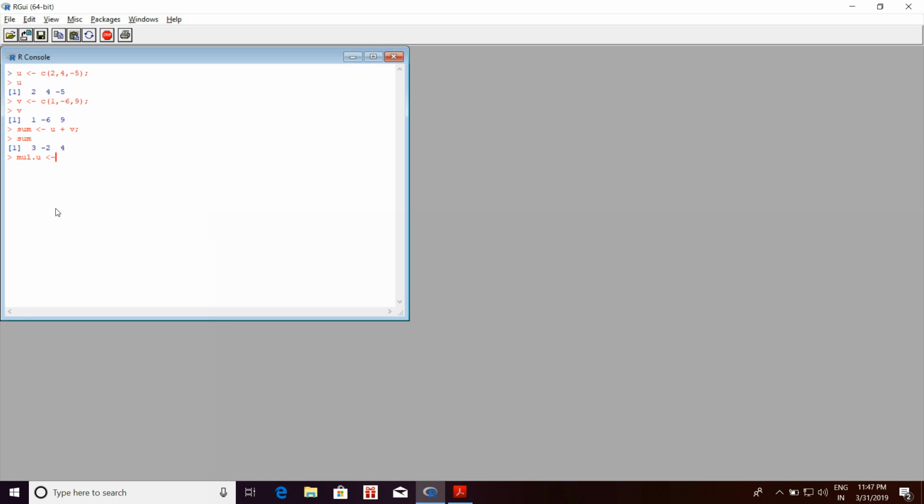One thing to note is that in R we can separate the variable name using a dot generally, as opposed to underscore or dashes or upper camel case or lower camel case letters in Java or other languages. So mul.u is 7 multiplied by u. So mul.u will be 14, 28, minus 35.